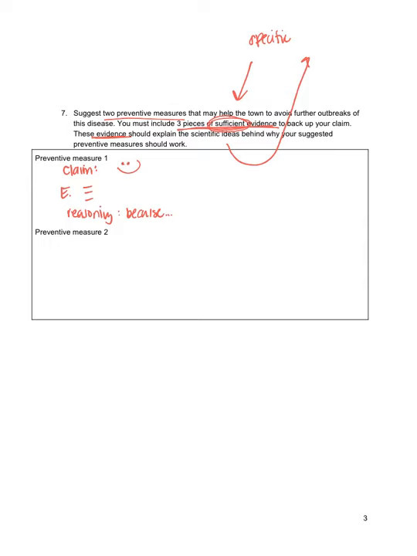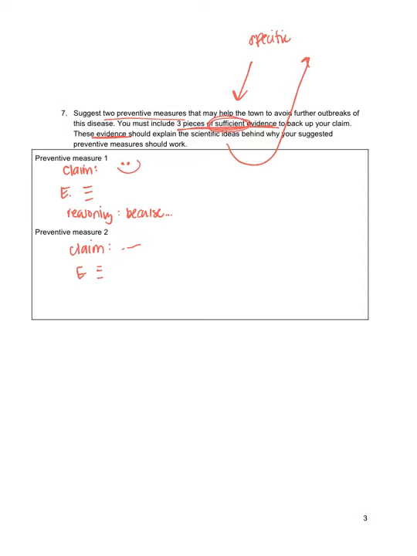All right, and then for number 2, same thing. Provide a claim. Another preventative measure is blah blah blah. I know this based on 3 pieces of evidence, whether you've seen it in another population, or whether it's scientifically supported.